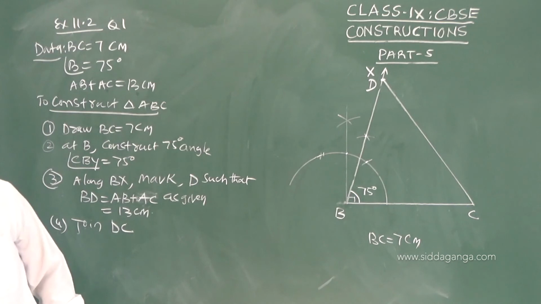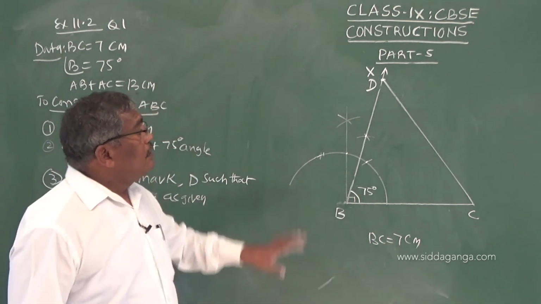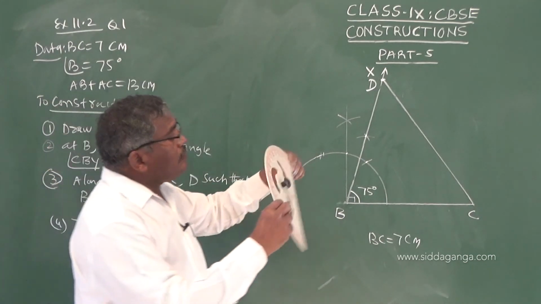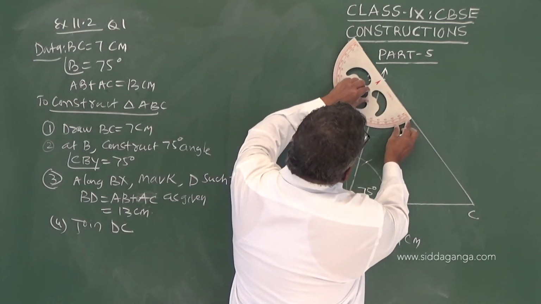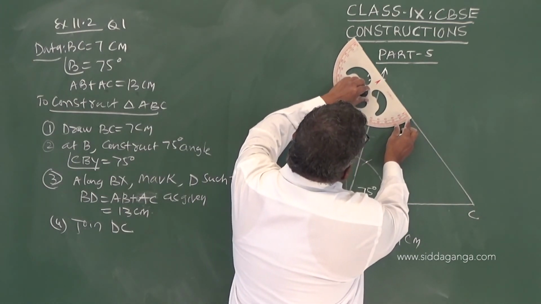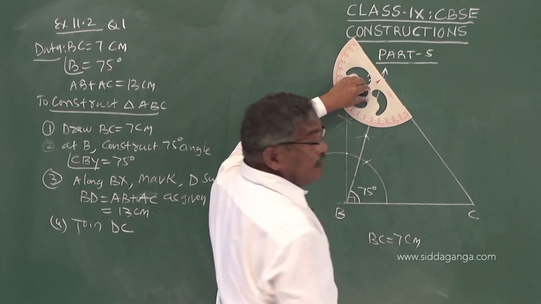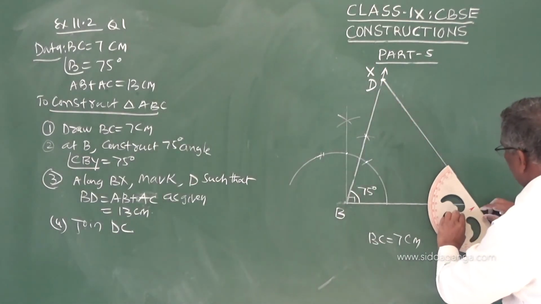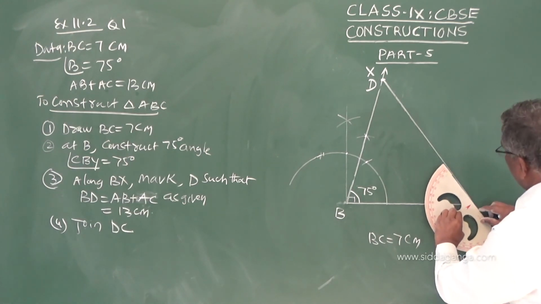Now the next thing is you measure this angle. In this construction we use the protractor to measure the angle at D. You can measure the angle like this: 10, 20, 30, 40, 50 degree. The same angle you construct at point C from the base CD.